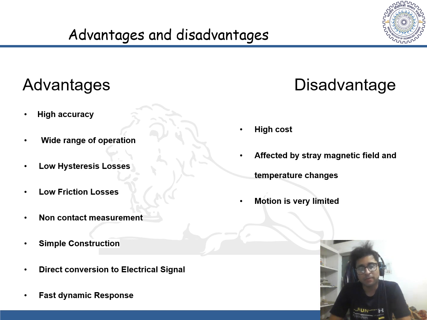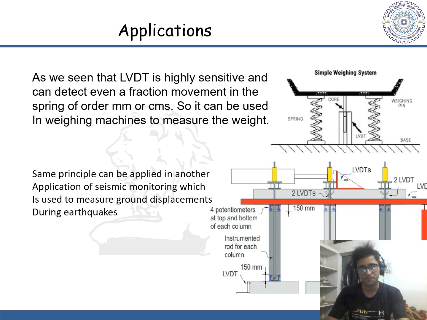Second, it is affected by stray magnetic fields, the leftover magnetic field from other instruments in the room, and temperature changes can also affect its performance. Last, motion is limited to a confined distance. It cannot be moved over very large distances because the coils would be very costly. Some of the applications of LVDTs are as shown in the figure.